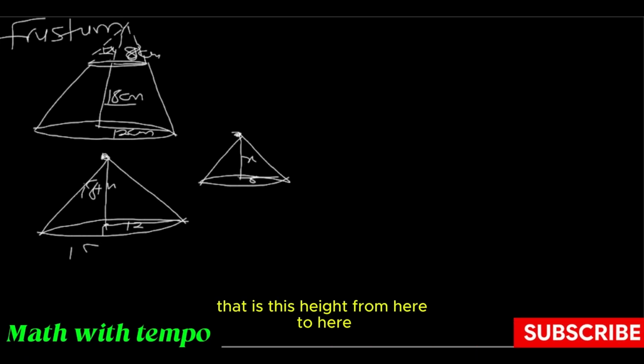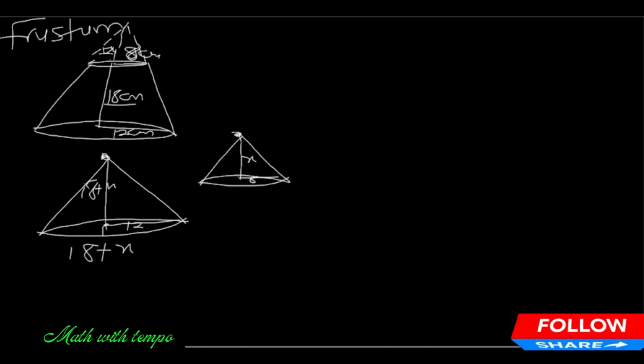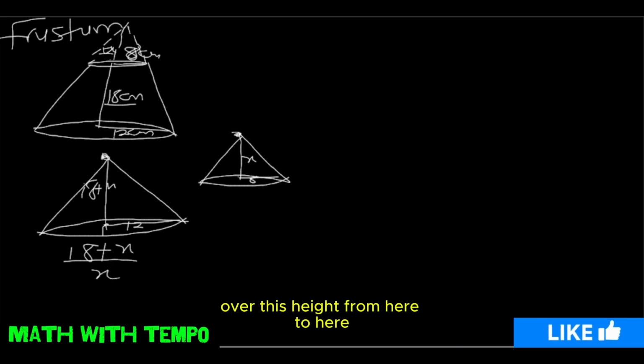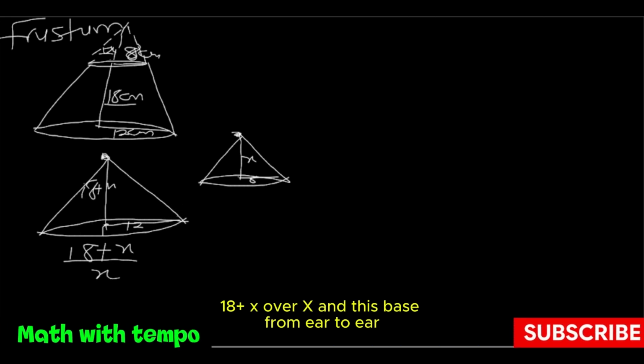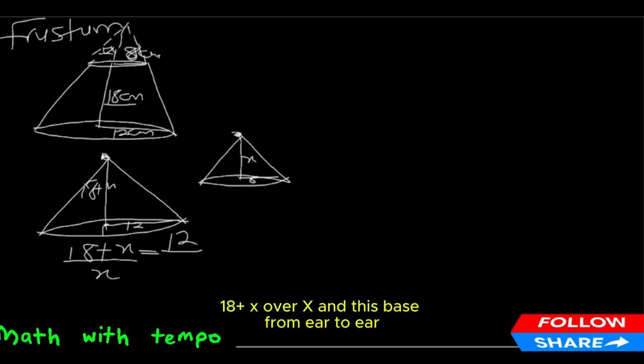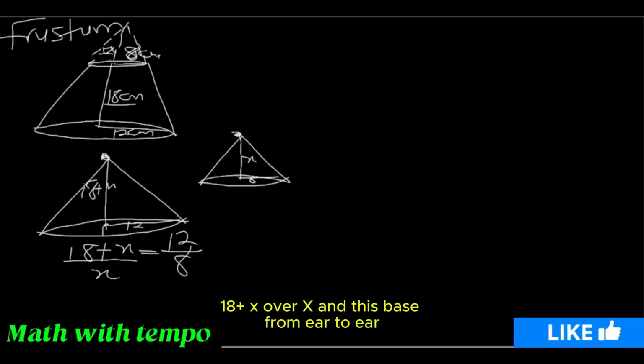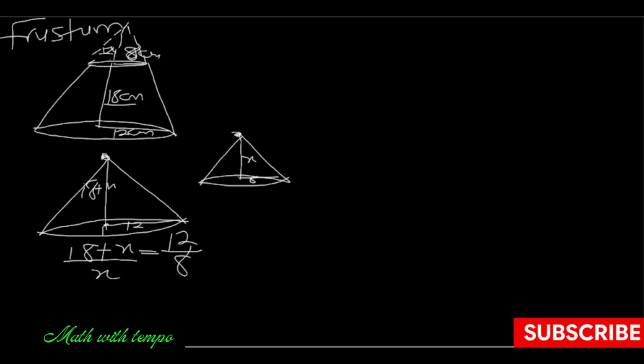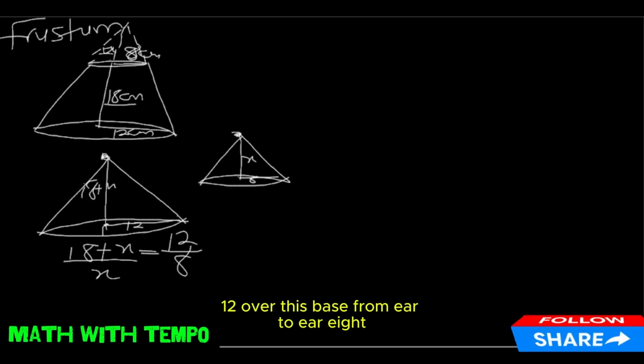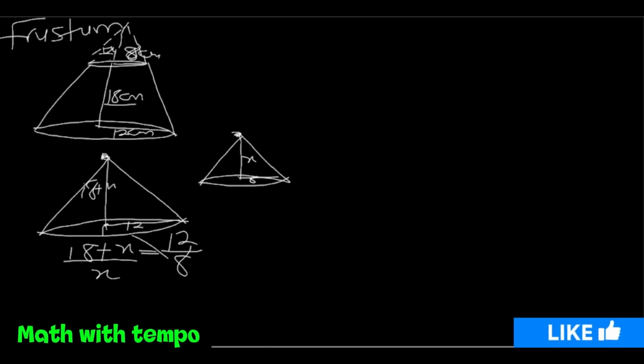That is this height from here to here over this height from here to here, 18 plus X over X. And this base from here to here, 12 over this base from here to here, 8.